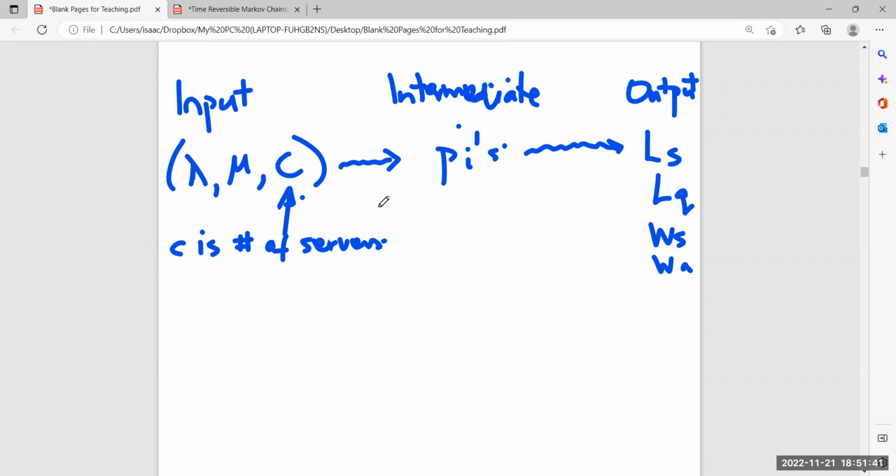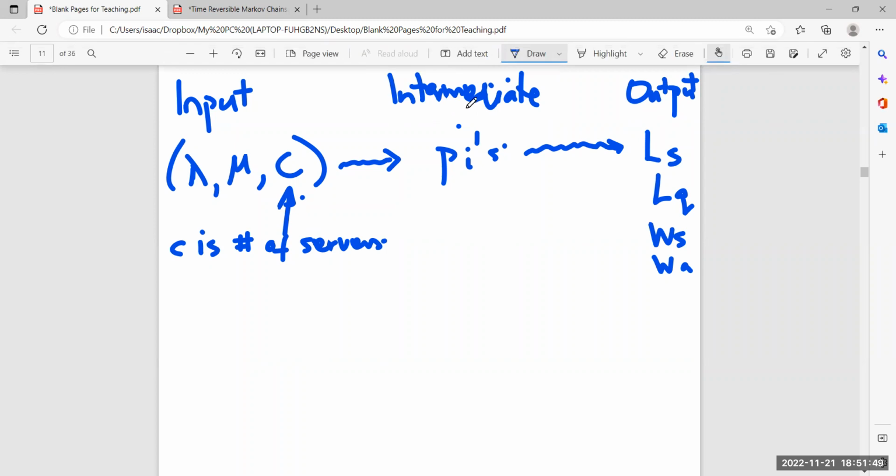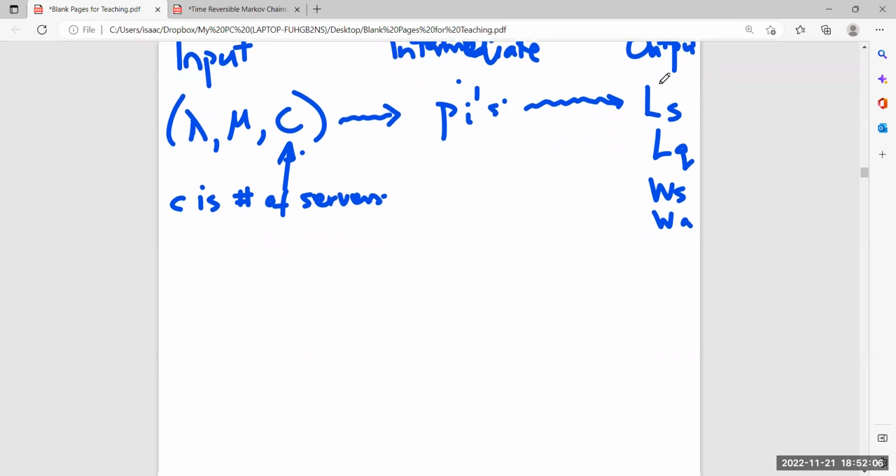Convert all that into probabilities, and this is the intermediate step. And then we get to the output. The output is what people would be interested in: what is the expected length of time? How long would I have to spend in this line if I decide to join it? That is what I'm calling my final output.